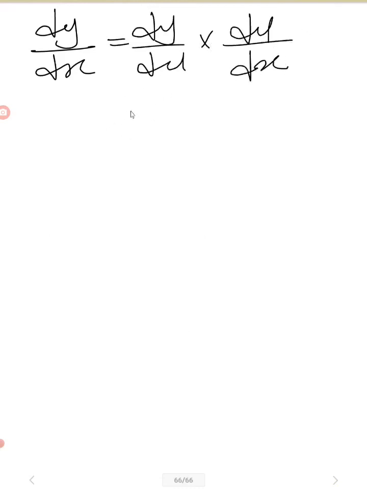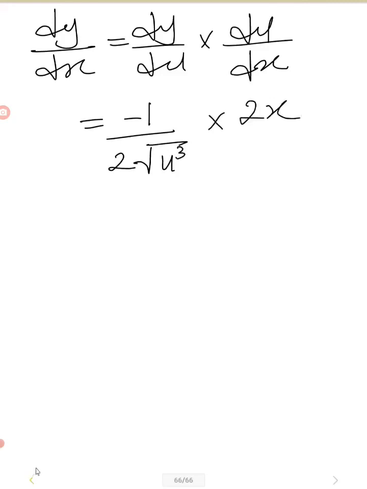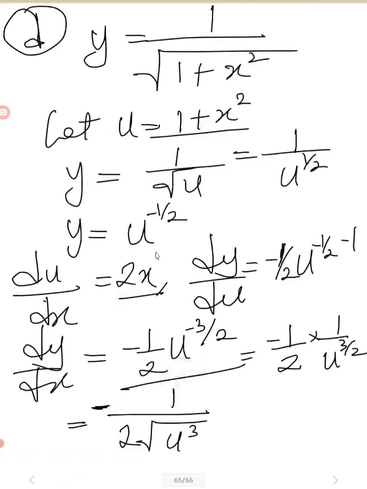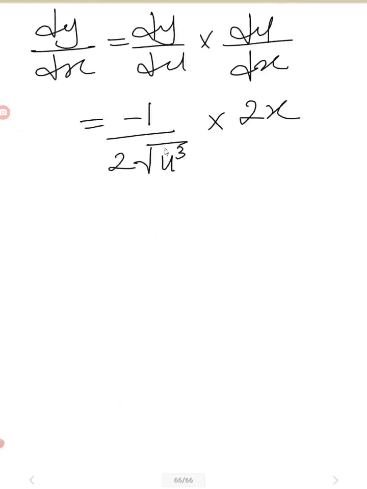So now we have minus 1 over 2 root u raised to power 3 times 2x. You know our du with respect to x is 2x when we differentiate it. If you study this very well, you discover that in the numerator there is a 2 and in the denominator there is also a 2.